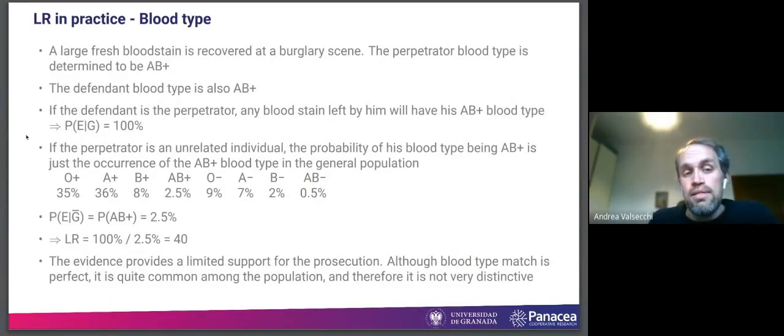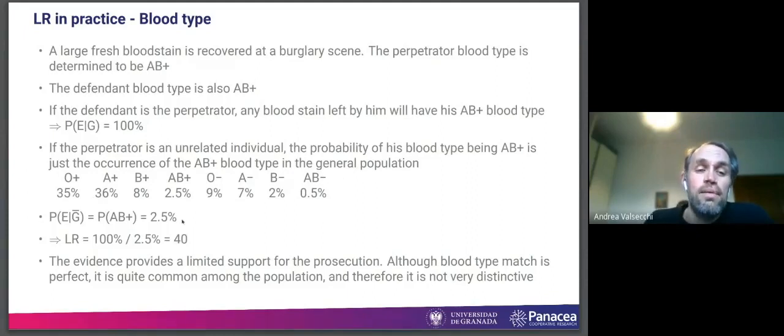Now, let's consider the defense proposition. If the perpetrator is somebody else, an unrelated individual, the probability of his blood type being AB+ is just the frequency of the AB+ blood type in the general population. I've written down this frequency for, I think it's the Spanish population, but don't quote me on that.